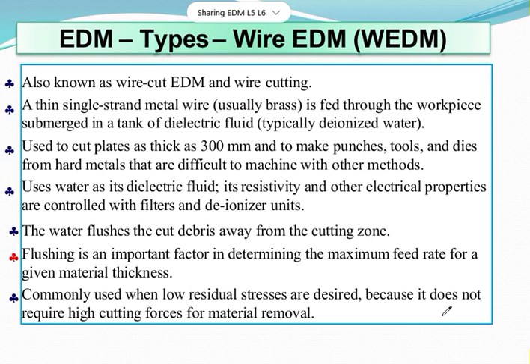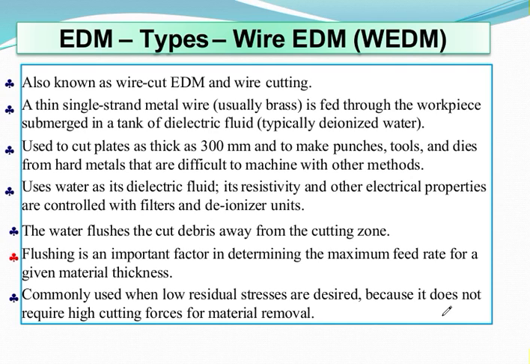So if I talk about the EDM, then the next part is your wire EDM. It is commonly known as wire cut EDM, and also it is known as wire cutting, where you can see a thin single strand metal wire, basically we prefer brass, which is fed through the workpiece and submerged in a tank of dielectric fluid, which is typically deionized water.